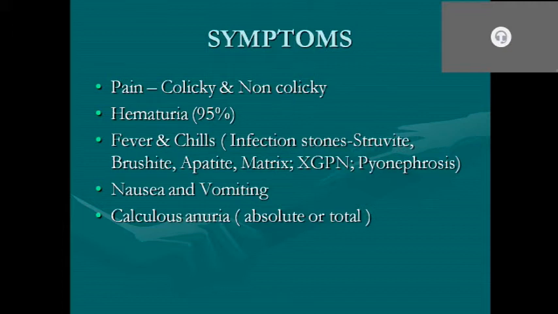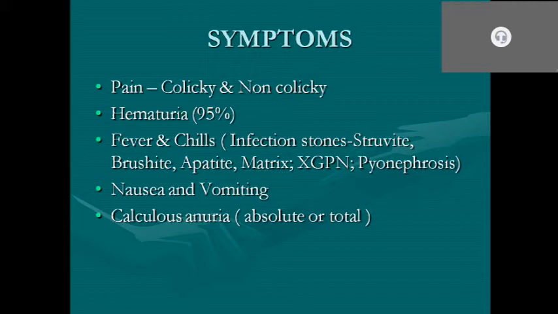A large pelvic stone or ureteric stone will lead to colicky pain, which can radiate to various parts depending on the site of the stone, whether it is in the upper ureter, mid ureter or lower ureter. From loin to groin is the typical radiation of the pain.